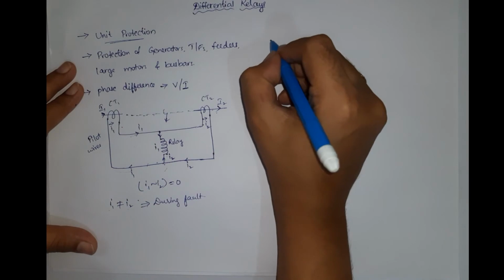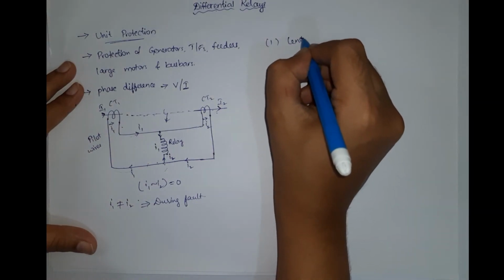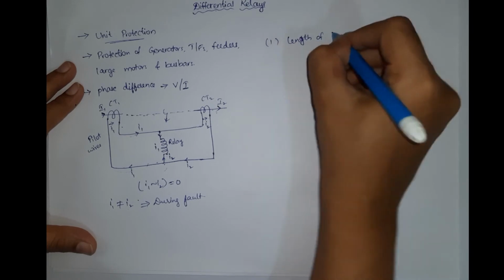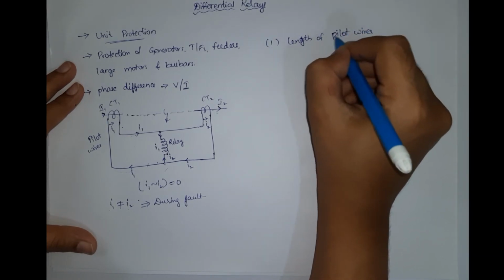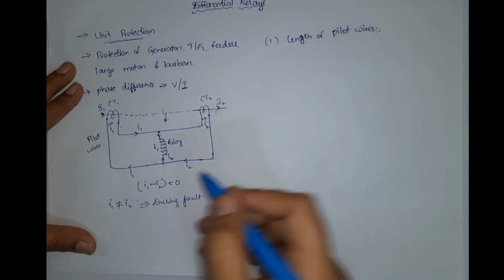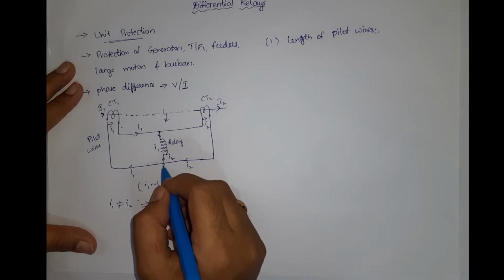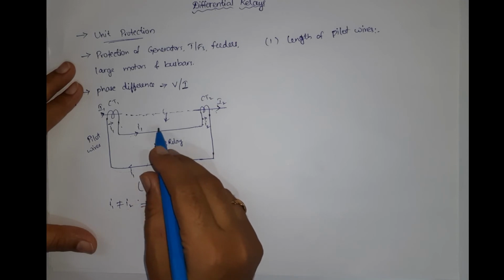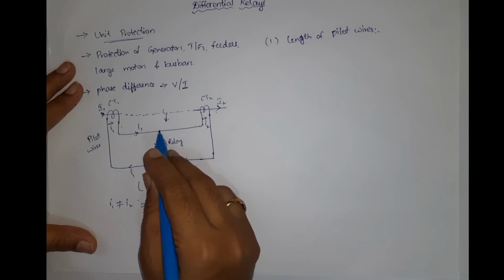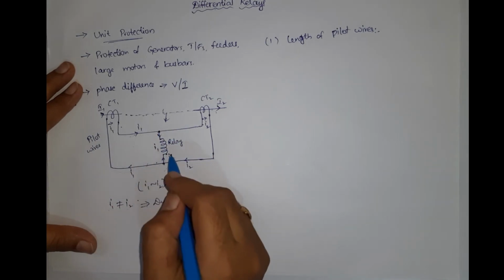Problem number 1 is the length of pilot wires. Even if we take the pilot wires of that length, it is very difficult for us to calculate the equipotential point, right? We have to find out the equipotential point, and then we must see that the resistance is equal on both sides, right?